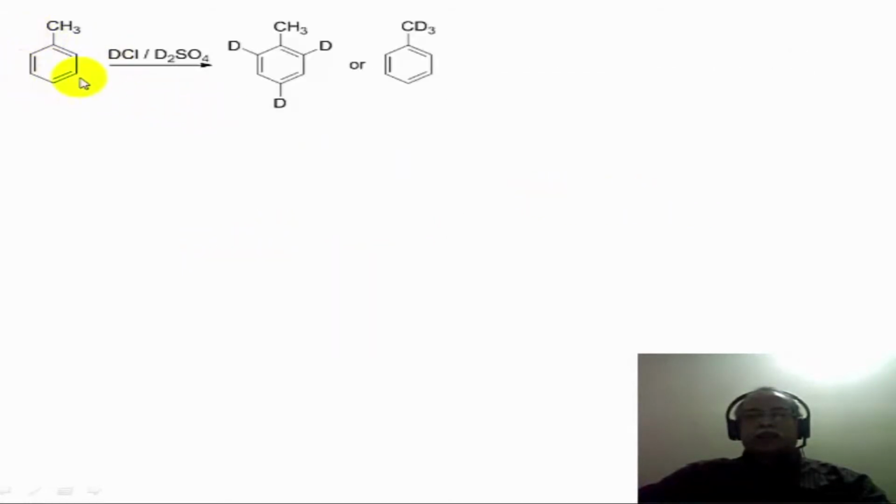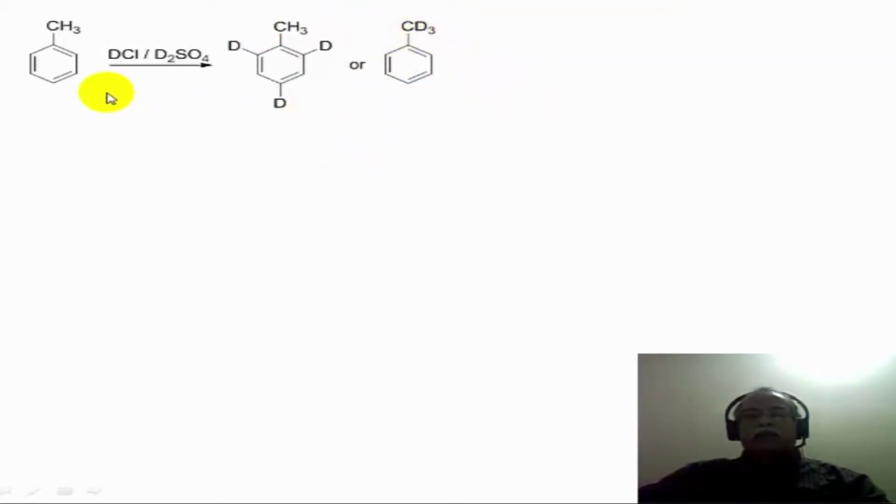Suppose you take toluene, do the reaction and stop it at the tri-substituted stage. One can have either this product or this product. This is a product where the aromatic ring protons have been substituted by deuterium at specific ortho and para positions relative to the methyl, or the three hydrogens of the methyl themselves are substituted by deuterium to give a CD3 compound.